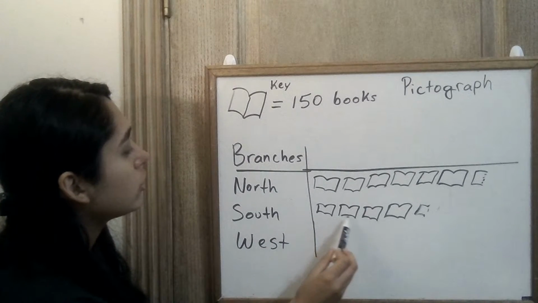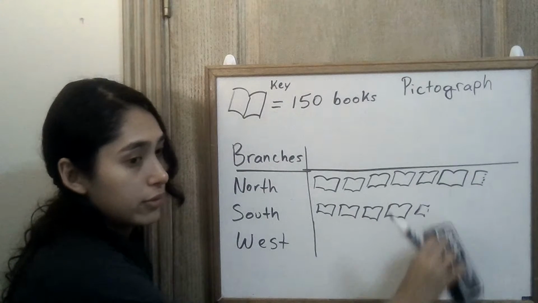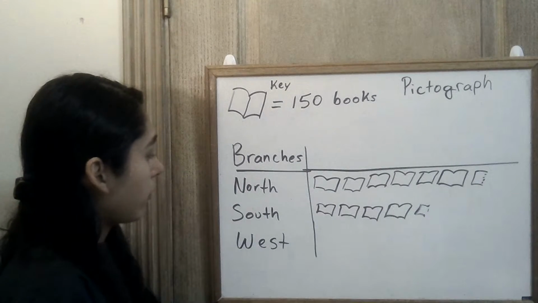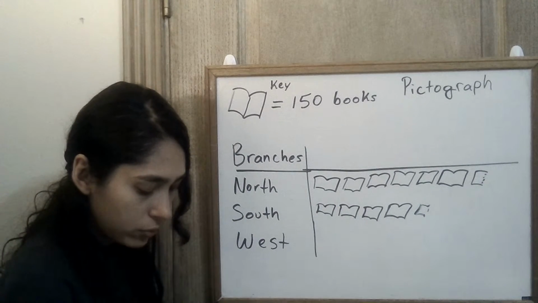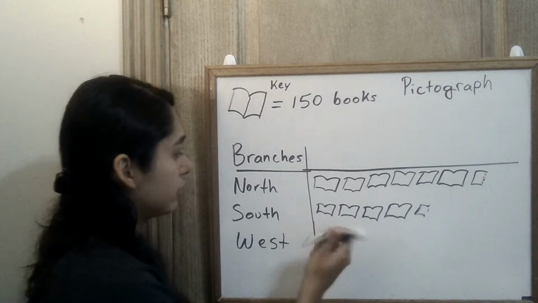So here we have 1, 2, 3, 4 and a half. In the West, we have 1, 2, 3, 4, 5, 6, 7, 8, 9.